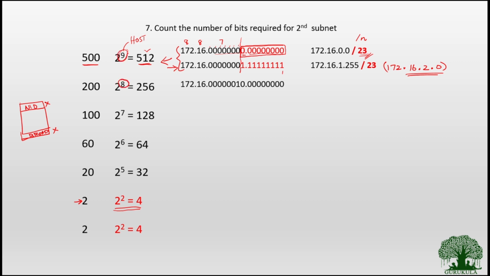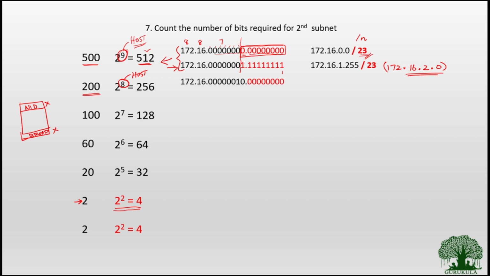Now the number of bits required for the host part is varying. Earlier we required 9 bits for representing the host, but now only 8 bits is enough. So I will highlight only the 8 bits. This time 8 bits is enough for me to represent the host, because I am going to connect only 200 hosts.